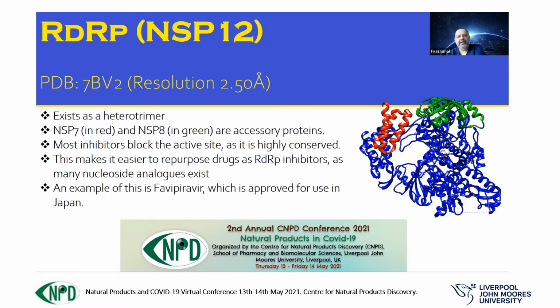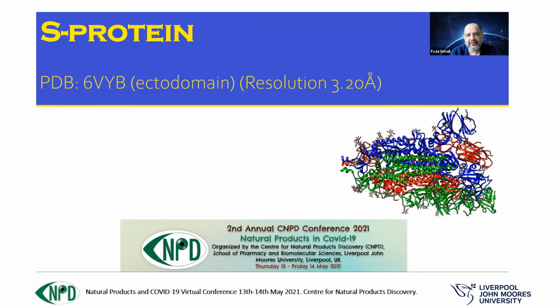An example would be favipiravir, which is already approved for use in Japan. The structure that's shown up there, I'm sure you will recognize its analogy to genetic structures that exist within us.